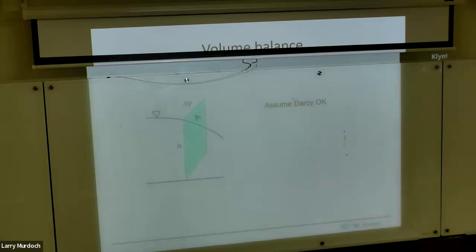When we came up with the governing equation for the confined case, we started off with a volume balance: the flow in is the flow out, plus the change in volume stored. We're going to do the same thing here.